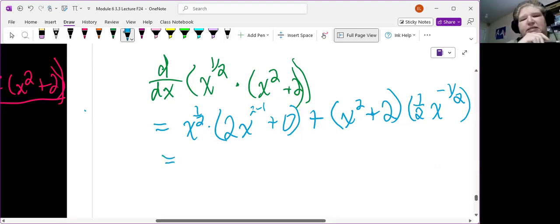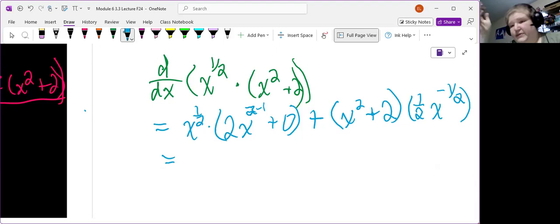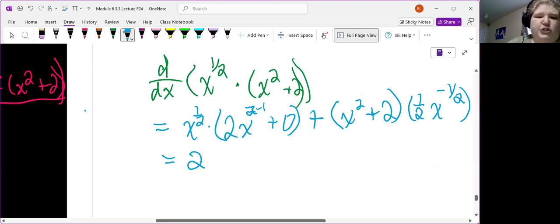All right, we can clean this up a little. Remember that one there? It's just x. And then the plus zeros, nothing gonna go away. So I have x to the 1/2 times 2x to the first. So this is gonna become 2x to the 1 plus 1/2 is 3/2.